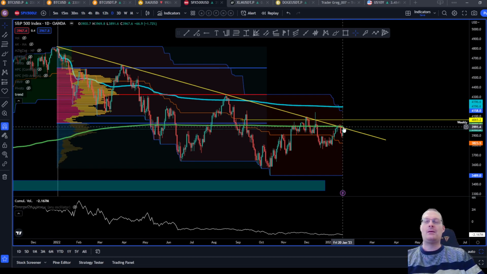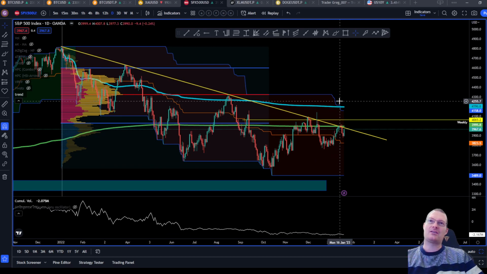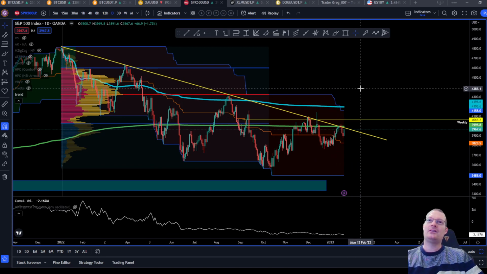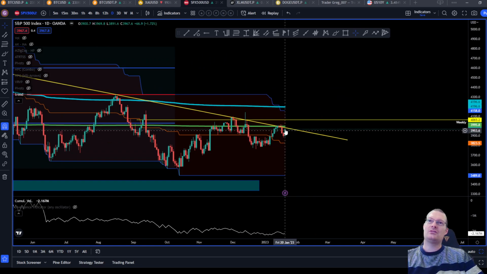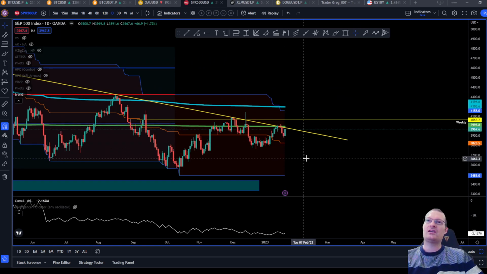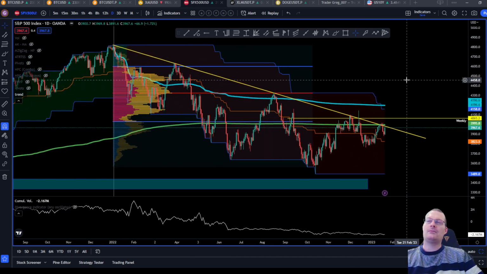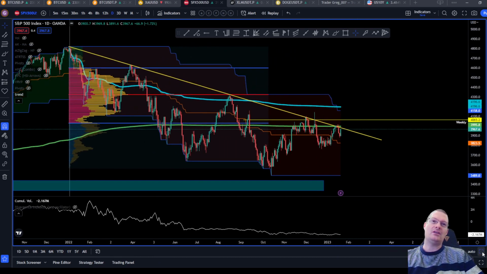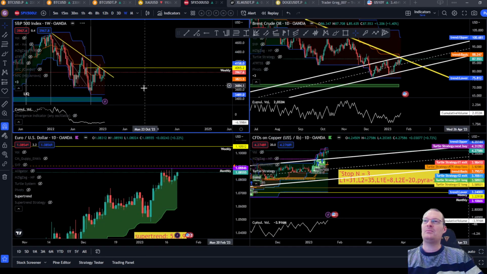So maybe the momentum is back to push higher. Yesterday was a nice bullish candle.